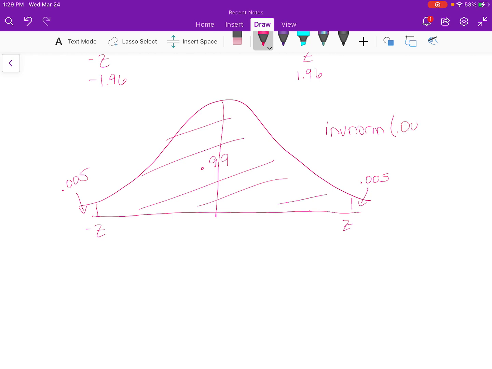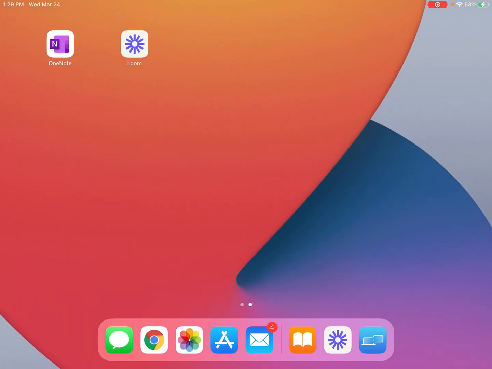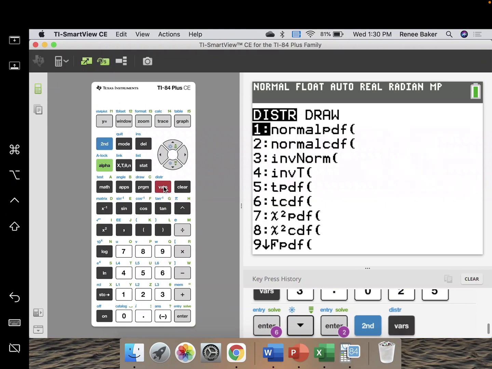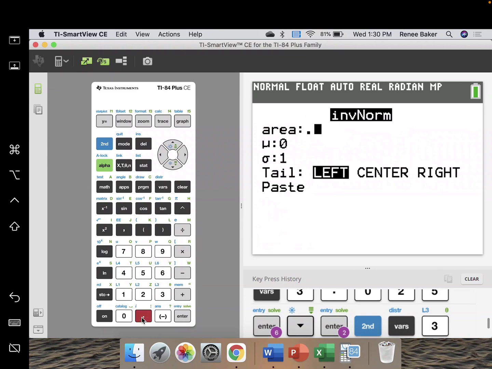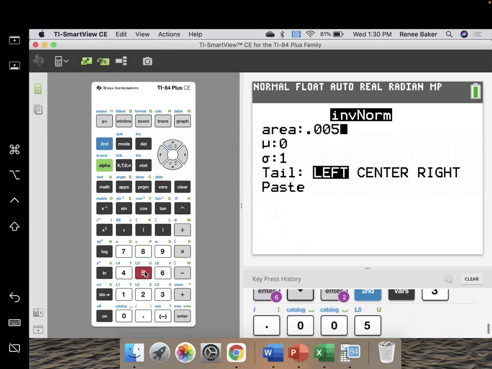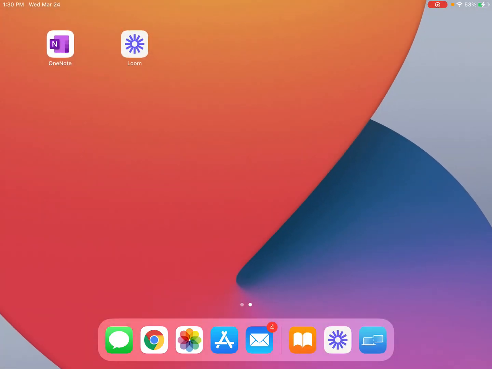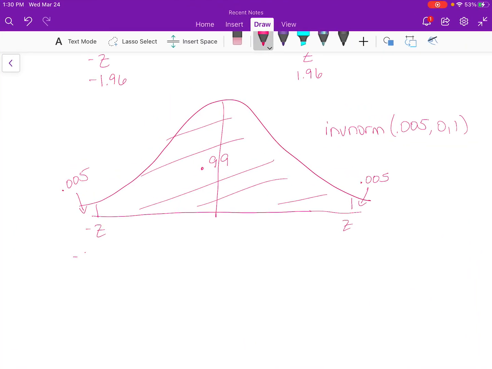So when I divide that by 2, I get 0.005. So second vars, 3, 0.005. And I get negative 2.576. So that would be negative 2.576 and positive 2.576.